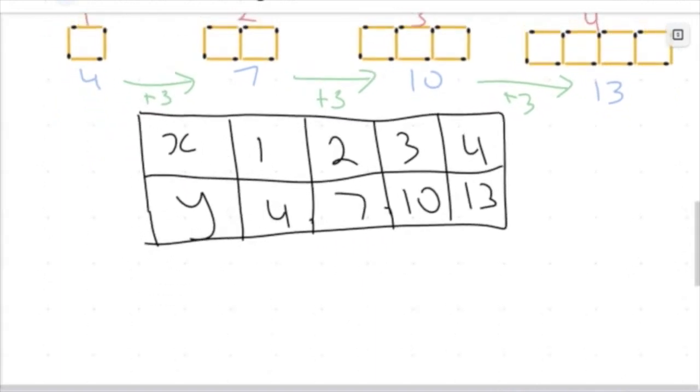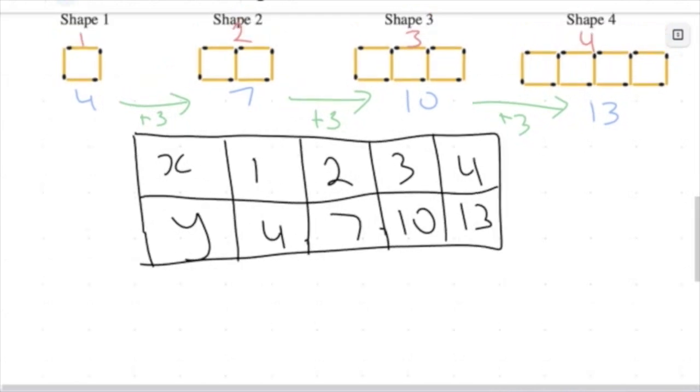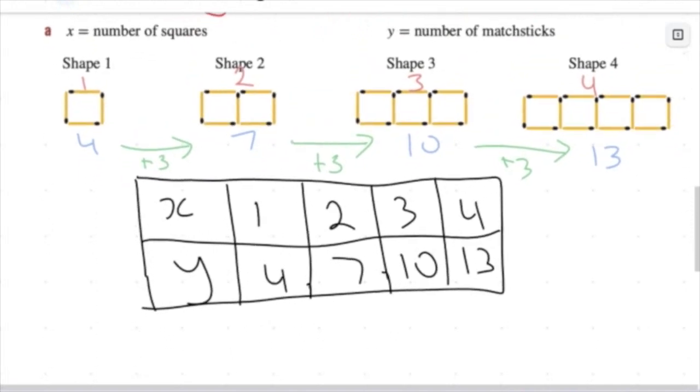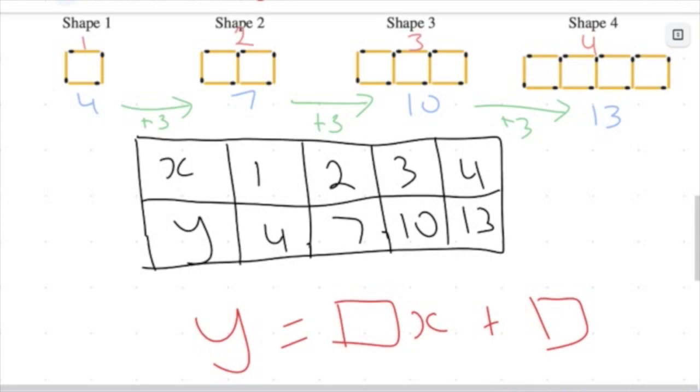Now, once again, I want to find a pattern, and I've already done one of the harder bits first. Because my number of squares is x and my number of matchsticks is y, we're going to get some linear relationship in the form y equals something in front of x plus another something.